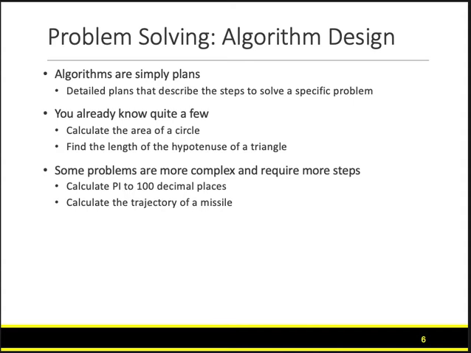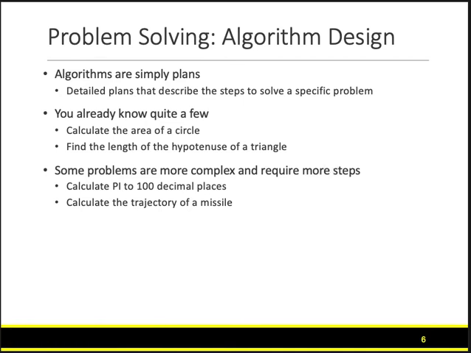So when I write my algorithm first, I will say I need to take the r, radius, and multiply it with pi. Pi's value is constant, and we already know it's 3.14 something. So in my algorithm, I will take the radius, multiply it, and then my output will be the area of the circle. So that's how you design algorithms.